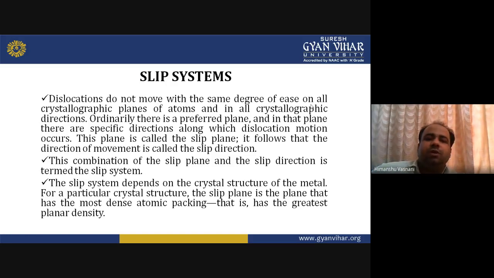This combination of slip plane and slip direction is termed the slip system. I repeat, the plane in which the dislocation will happen and the direction in which the movement will take place. Combining both these things, it is called the slip system.